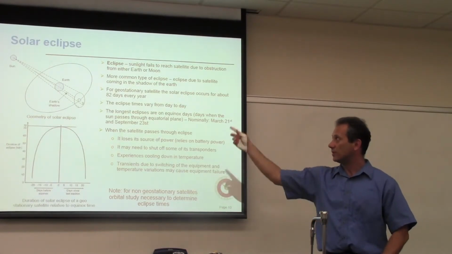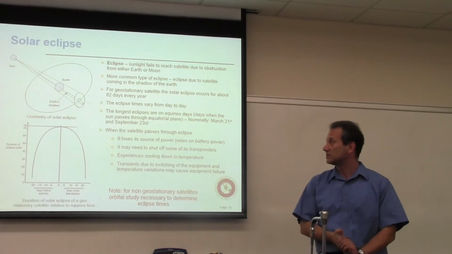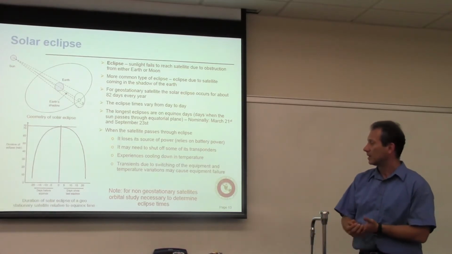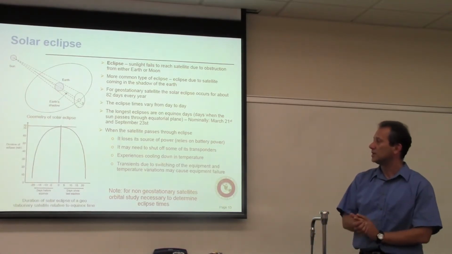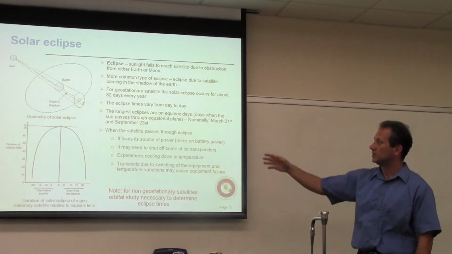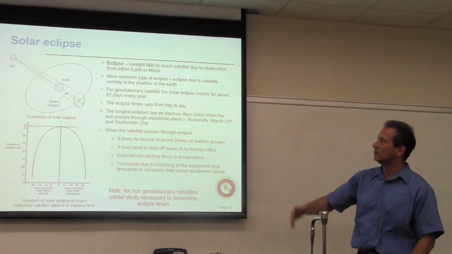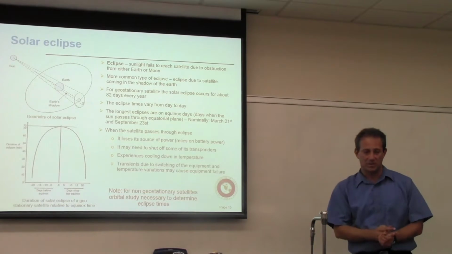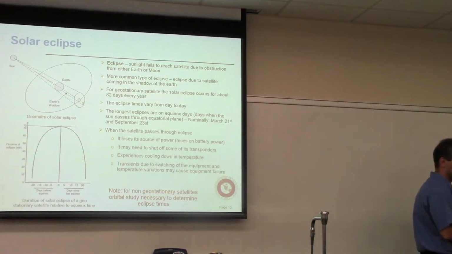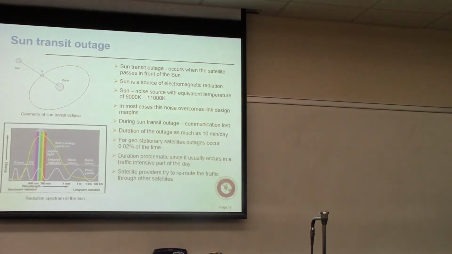Without the energy that we harvest from the sun, those systems are also subject to stress. And when you get in and out of these eclipses, the system is stressed and something may fail. So that's why they're important to design.